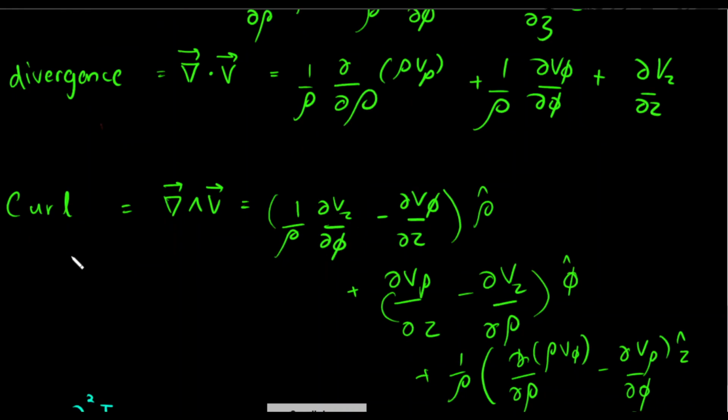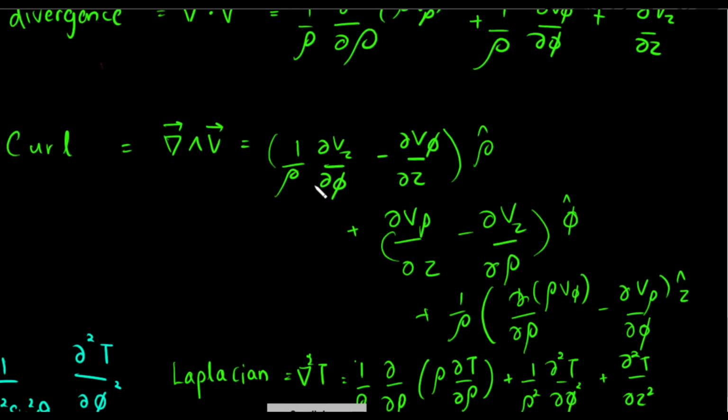So now we have the curl for the v vector using the cylindrical coordinates. It's going to be a complex one, so I'm not going to read this one actually, because if you are facing an exam, these are given, so you don't need to worry about these things.